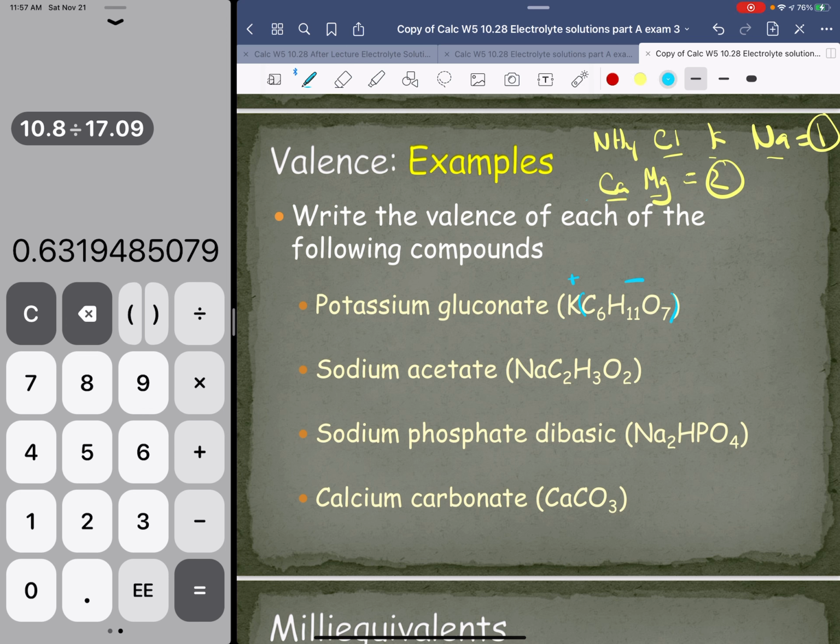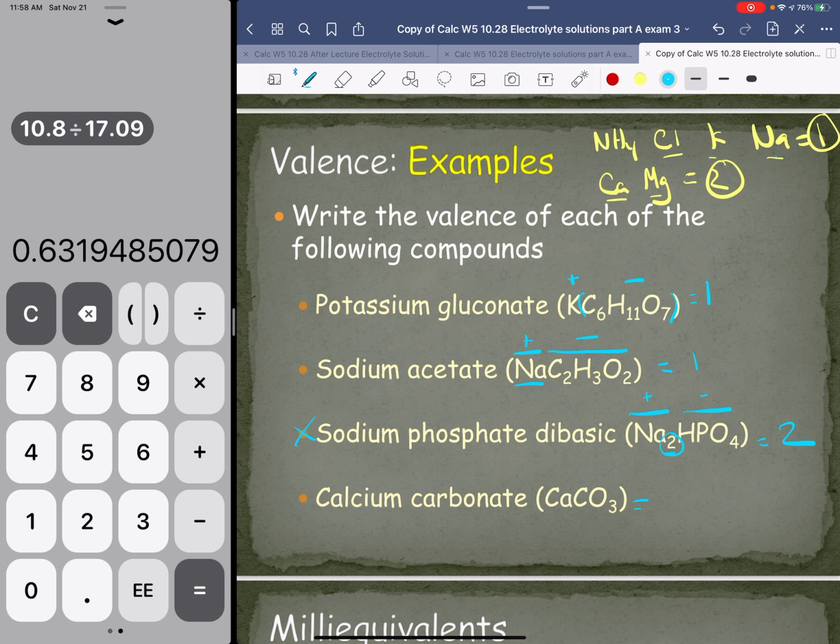Okay, so moving back to sodium acetate, of course, this is going to be my positive, this is my negative, and sodium is 1. We have sodium phosphate dibasic down here. This is my positive, that's my negative. I need to notice that there are 2 of these. That means that my valence will be 2.